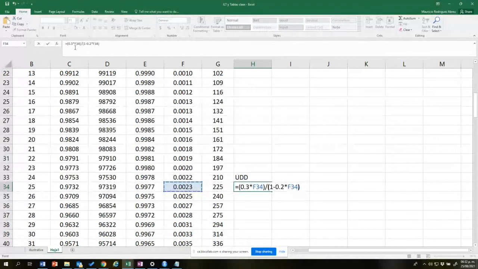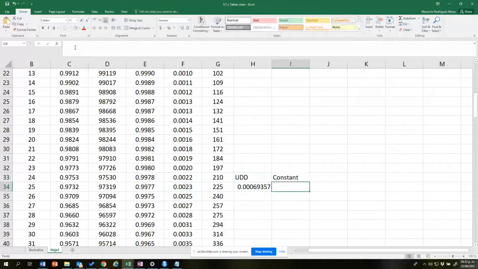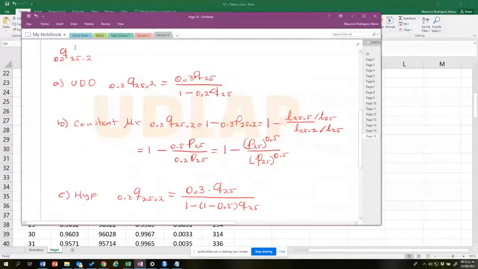Times this. So this is the constant divider. For the second one, I need p to the 0.5. Okay, I was so excited I didn't realize here it should be 0.2. So it's just 1.